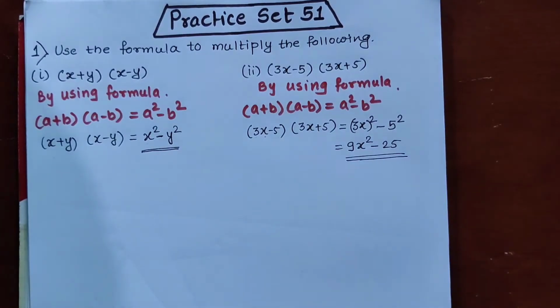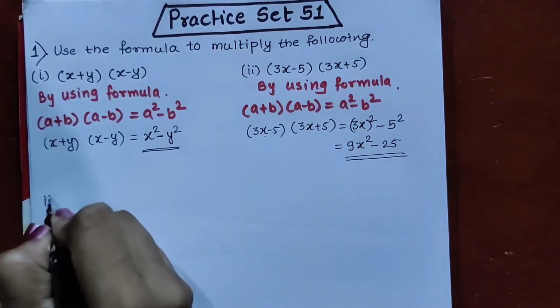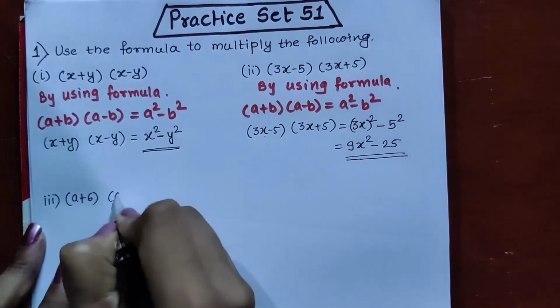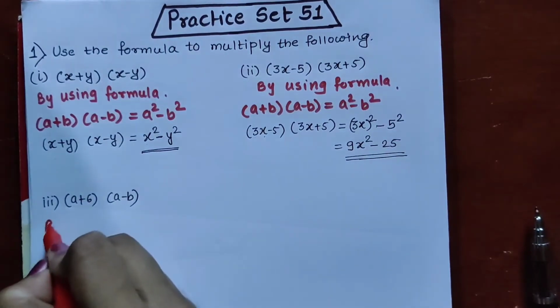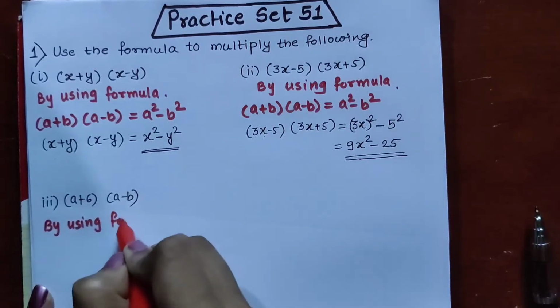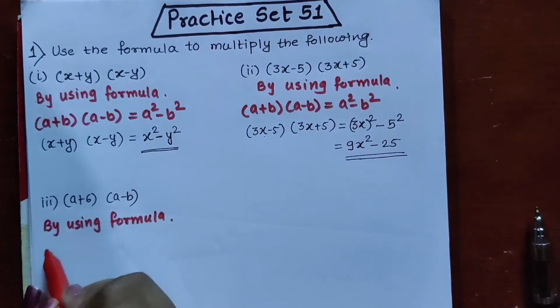Now let us see the third question. This is a plus 6 and a minus 6. So third question, a plus 6, a minus 6. Again we will be writing by using the formula. I will write the formula.